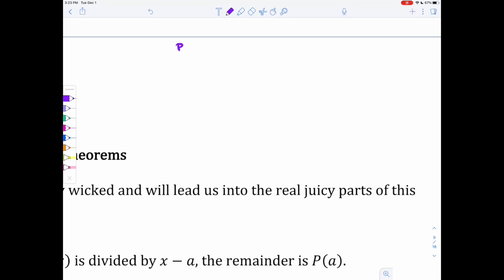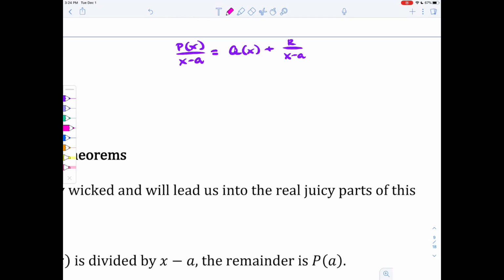We've seen earlier that when you divide a polynomial by x minus a, we can represent it as the quotient part plus the remainder over x minus a. That was that whole mixed fraction sense of viewing it.